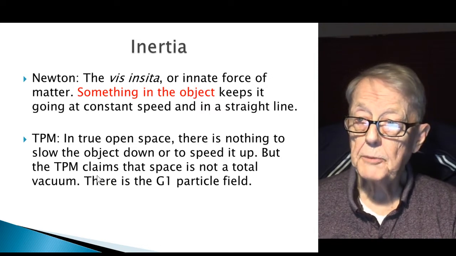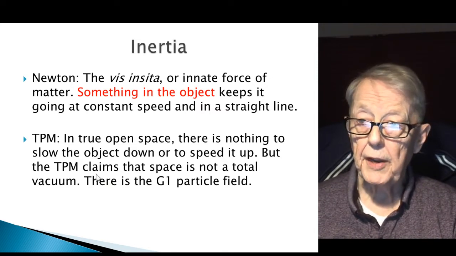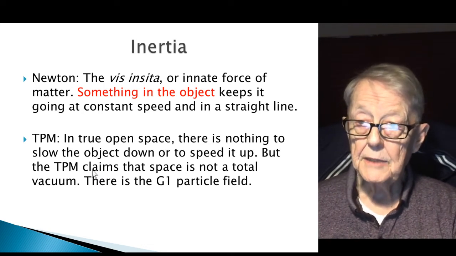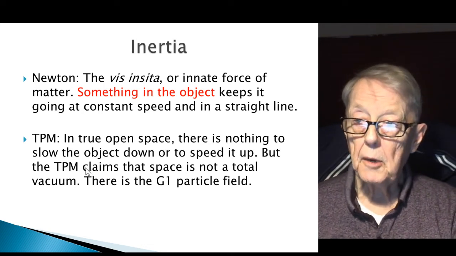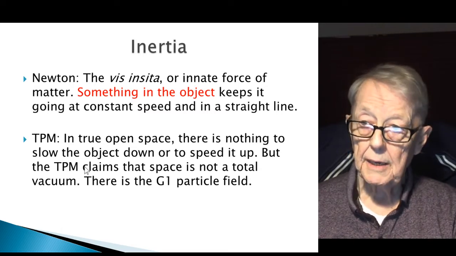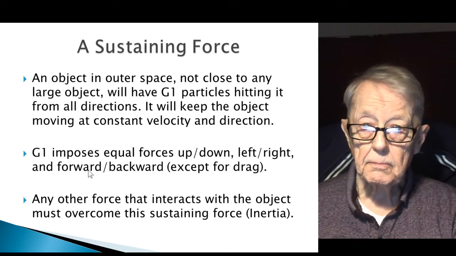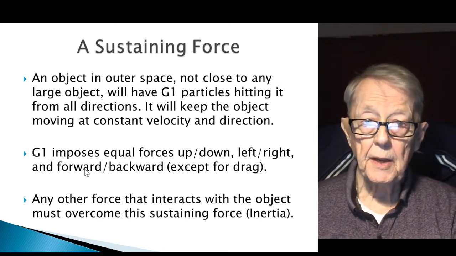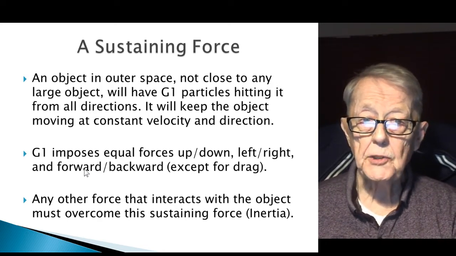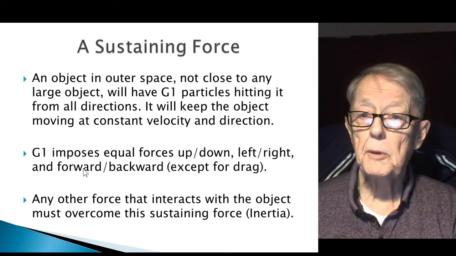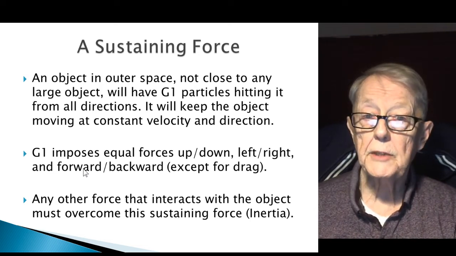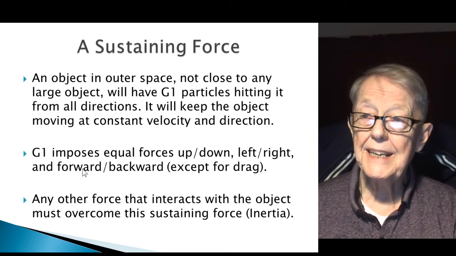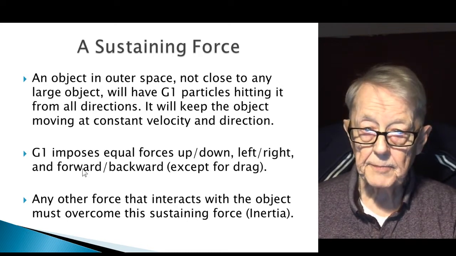And your object, with mass m moving through space, is constantly being bombarded by G1 particles. But this is a sustaining force. An object in outer space not close to any large object will have G1 particles hitting it from all directions. It will keep the object moving at constant velocity and constant direction.